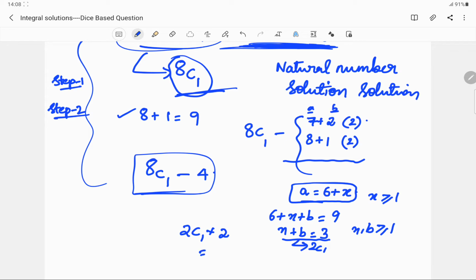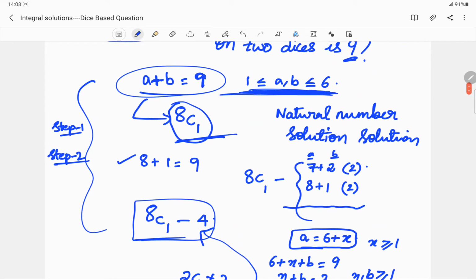So directly we can obtain this 4 instead of listing down the cases. Here the number is 9, so we were able to list the cases easily. But if it is more than 9, and if there are 3 dice rolled, it will be very difficult to list these cases. We may make an error.